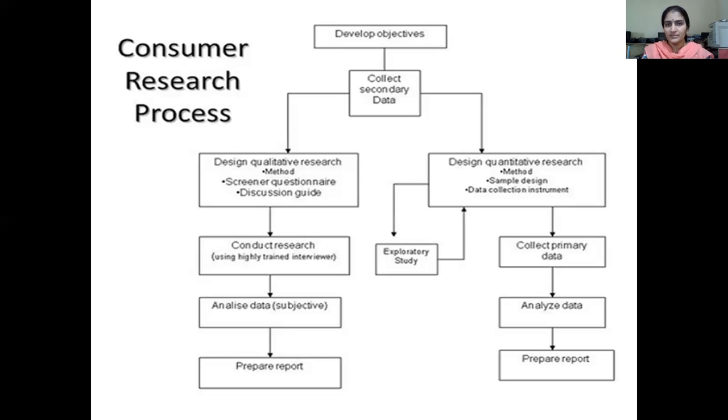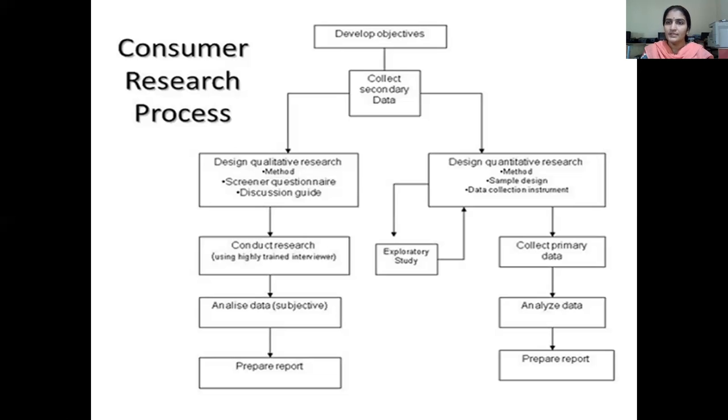Simultaneously, coming to the other side, the collection of secondary data can also be in the quantitative research method. So here we are going to design the quantitative research method, where sample design would be selected, and then the data collection instruments would be decided, like from whom the data can be collected, what are the different instruments where this data can be collected.